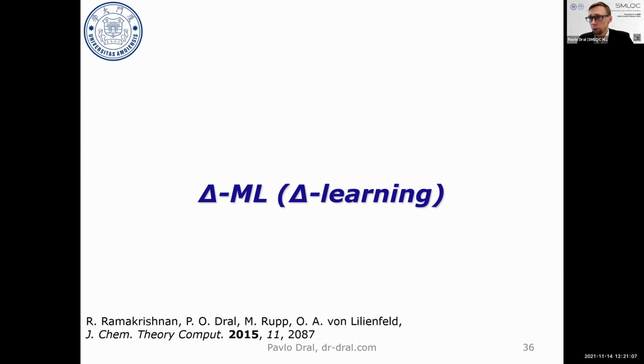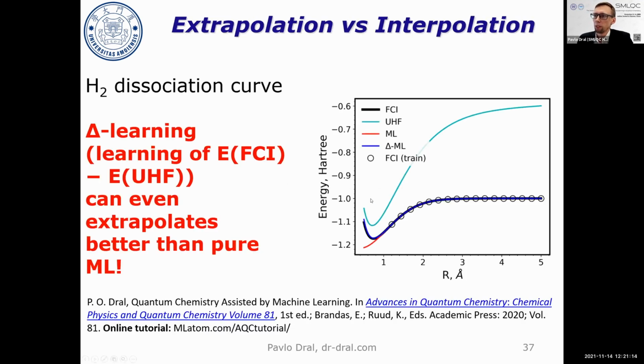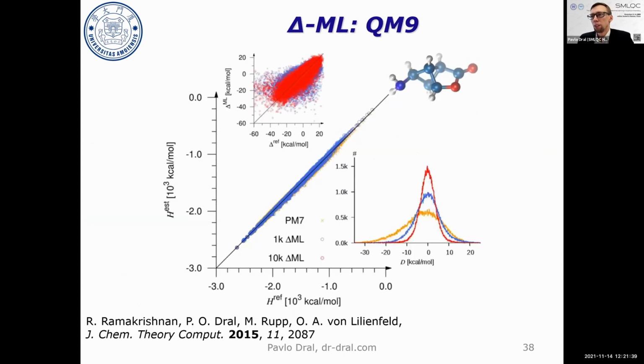So the rational solution was basically to predict the corrections to physically correct models, like even a small basis set and Hartree-Fock instead of full CI for H2 dissociation gives you physically correct behavior, while machine learning is more accurate but doesn't have correct physical behavior. If you combine the two and just correct this, you will get correct physical behavior and at the same time good accuracy. And we did this for many other molecules. That was a proof of principle.